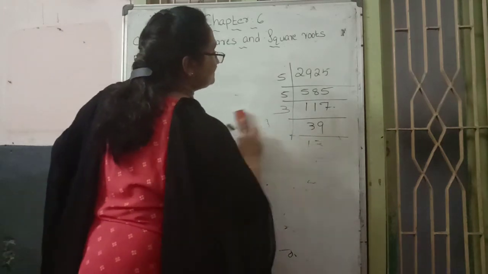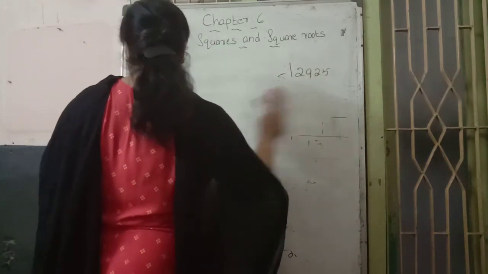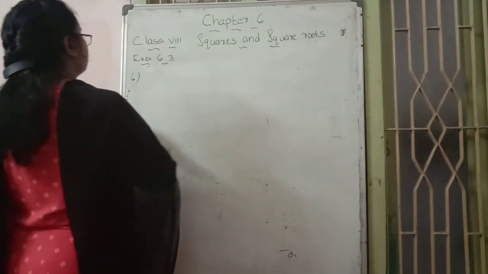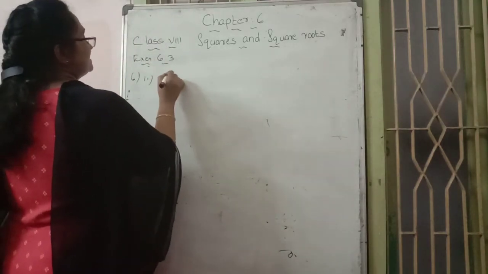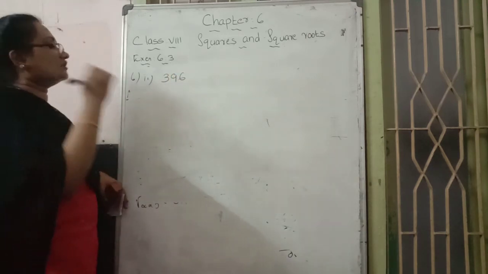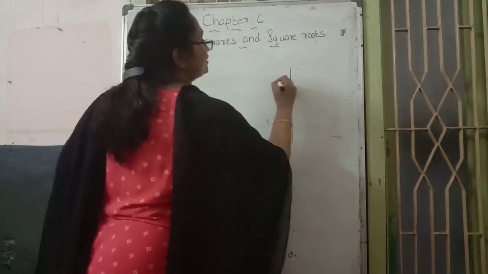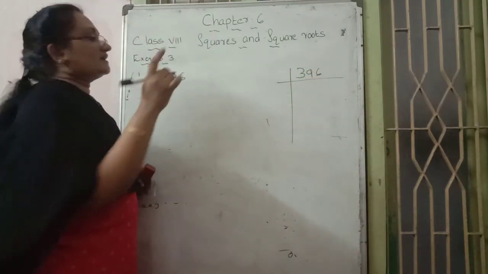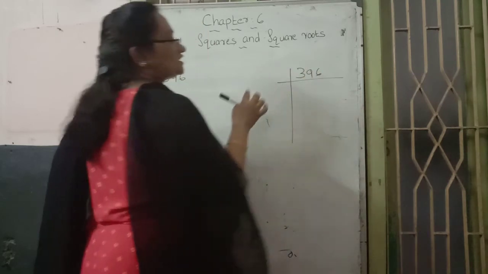One more question: 396. Second question, 396. How to do? Prime factorization. 396, okay, then here see unit place is 6.